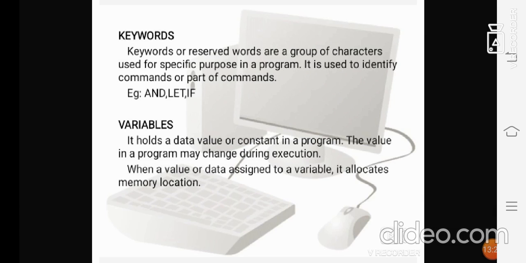Next, we are going to discuss keywords. Keywords are reserved words, a group of characters used for some specific purpose in a program. They are used to identify commands or parts of commands. For example, REM, ABS, AND, IF, LET. These are some of the examples.